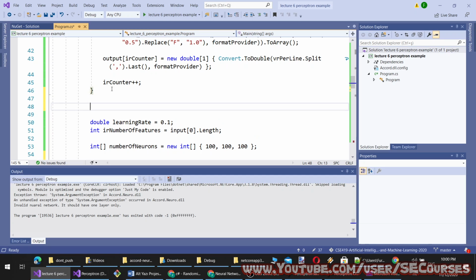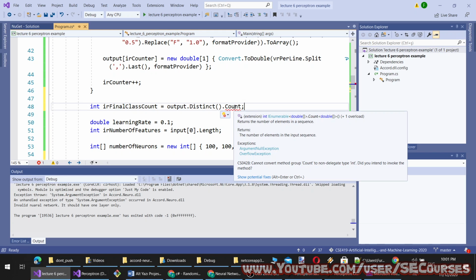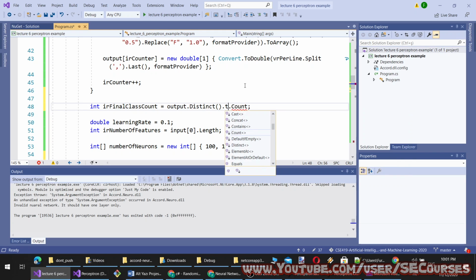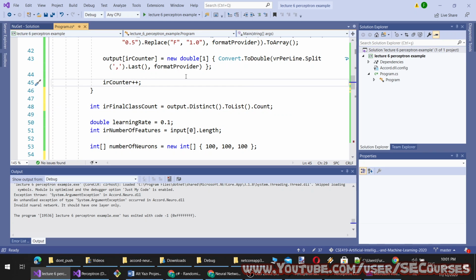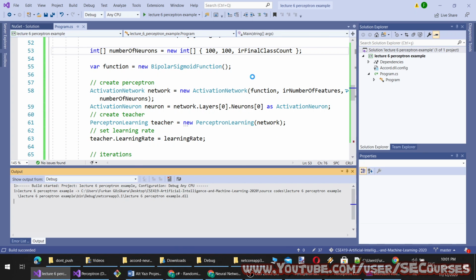We need to calculate that. Equal to, okay, select or distinct count. To list like this. Let's check this way.